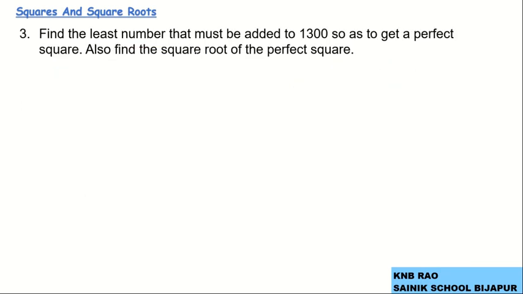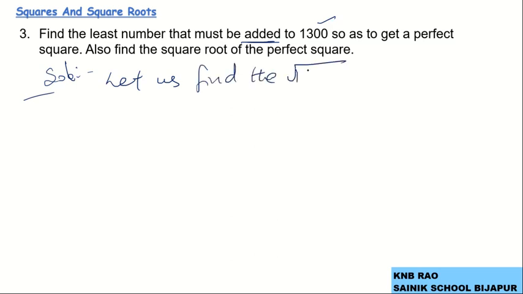Next, coming to question number 3. In question number 3, what must be added to 1300? Same in this also. Let us find the square root of 1300 by long division method.